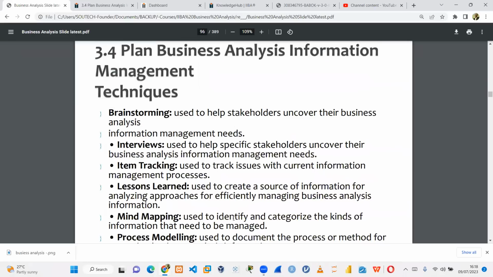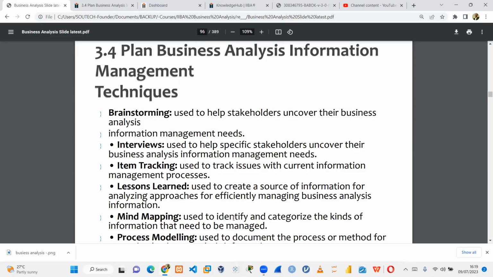What are some of the techniques you're going to be using if you are going to do business analysis information management? Brainstorming. Like I said, you are going to see a lot of these techniques evolving and being applied in different ways across all of the knowledge areas. So very key.